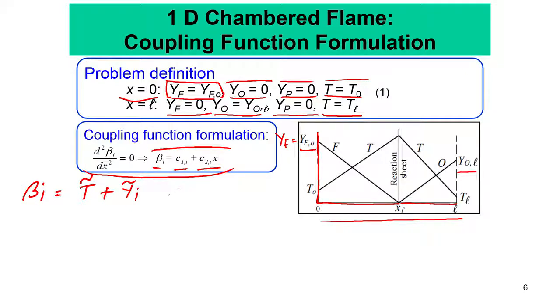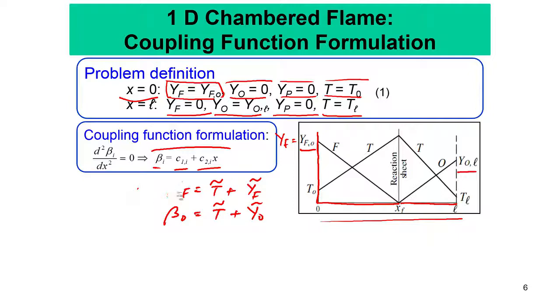Now for beta we can have a beta F equal to T tilde plus yF tilde, this is for the fuel, and a beta O equal to T tilde plus yO tilde, this is for the oxidizer. So there are two betas essentially, and then of course we have to use them because we want to invoke these boundary conditions.